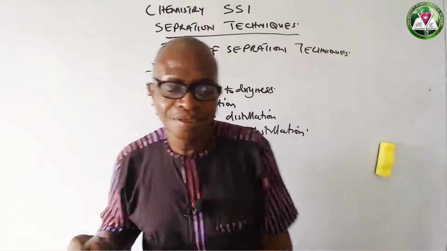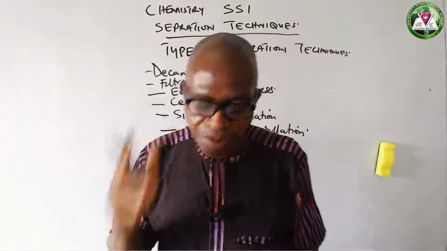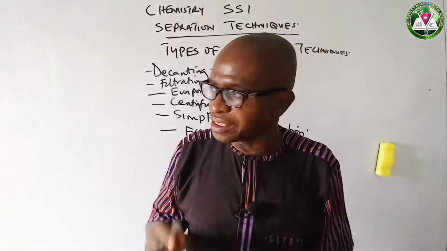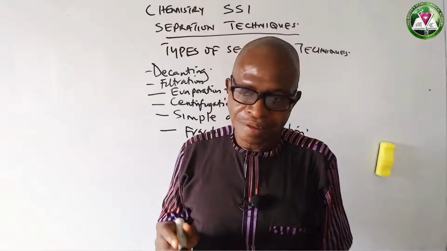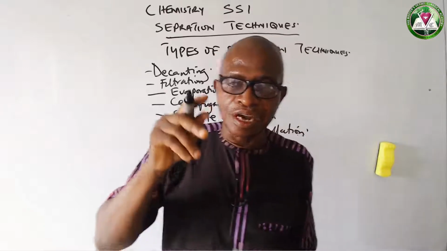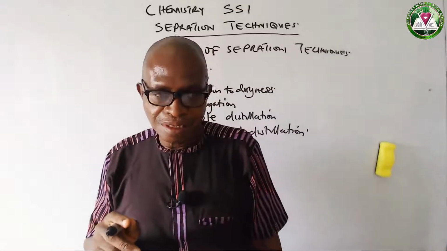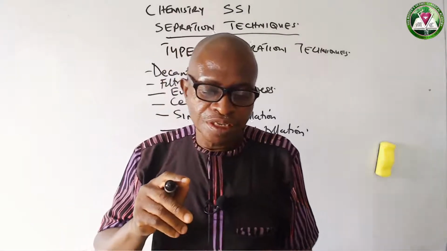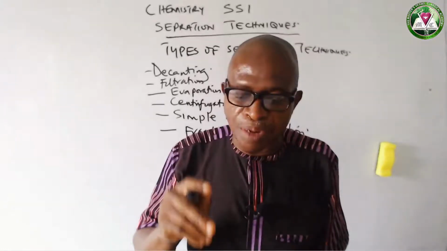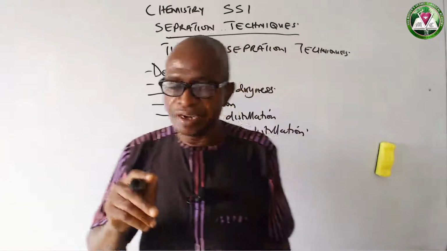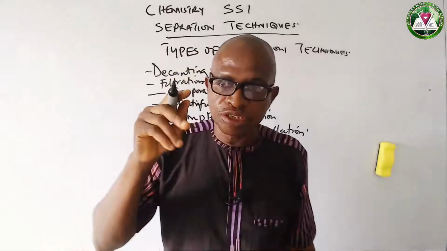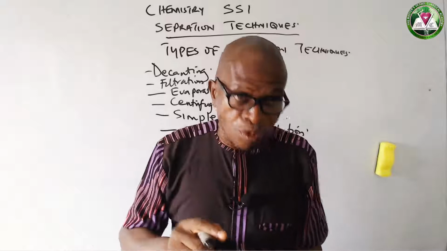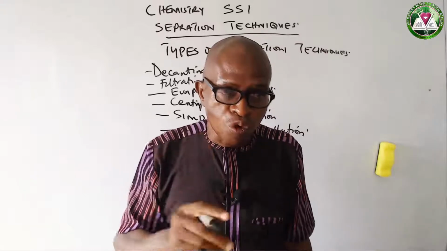Please, you may write as I teach. You take your notes. Decanting. Decanting is a process which is involved in separation when you have a mixture of solid that is settlable in a liquid.